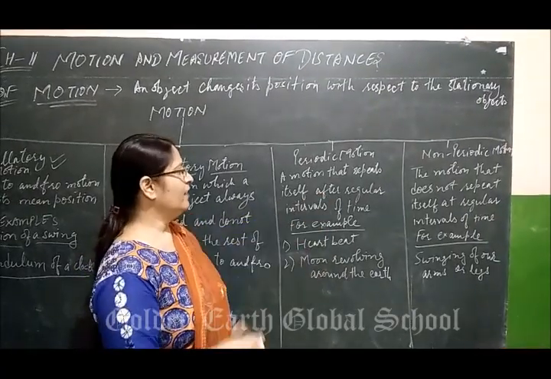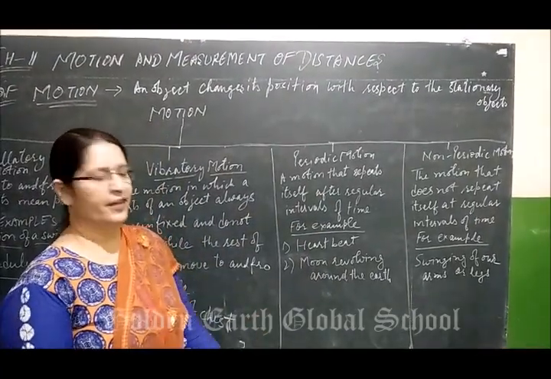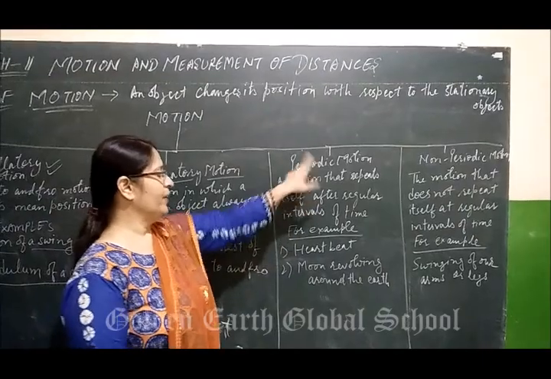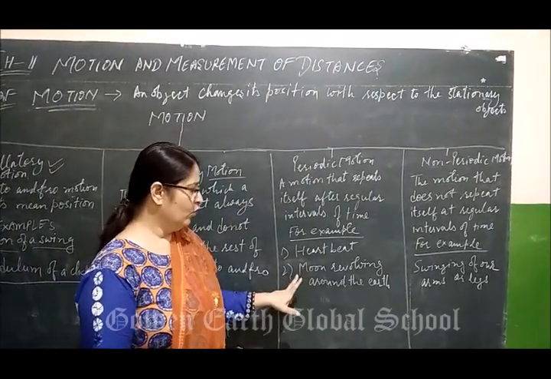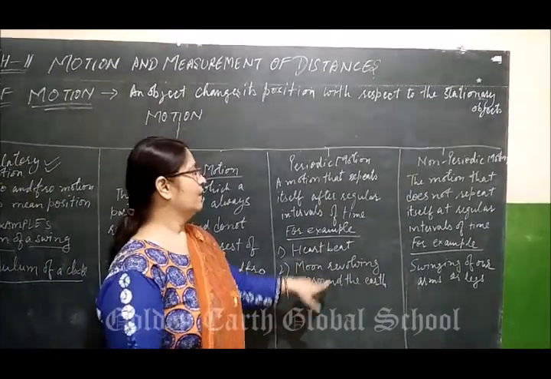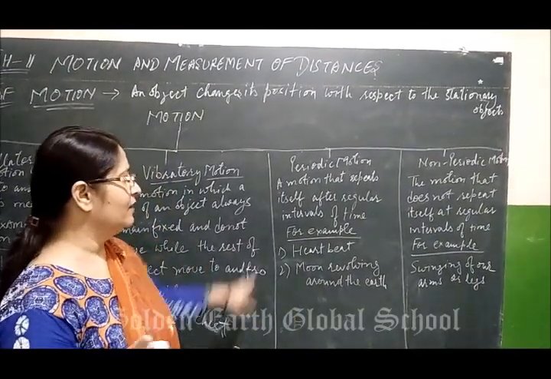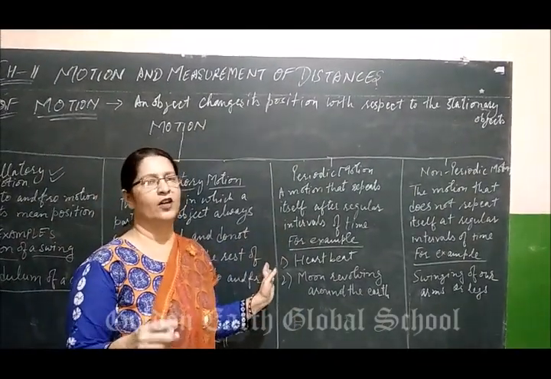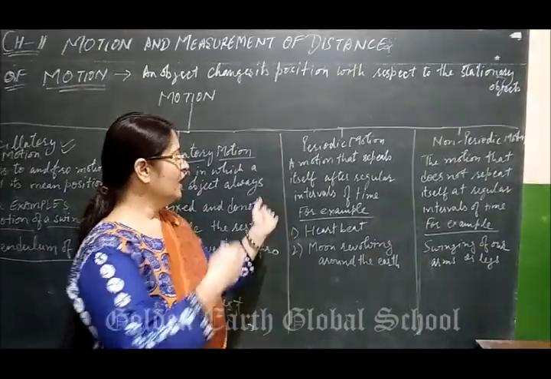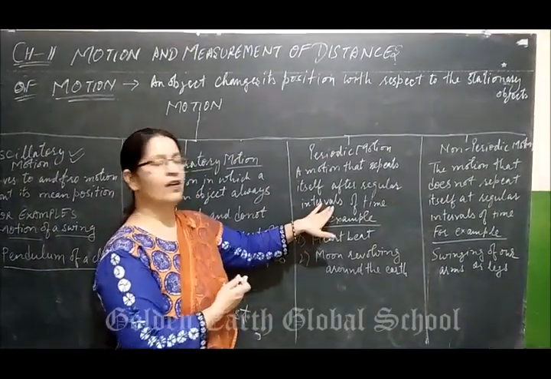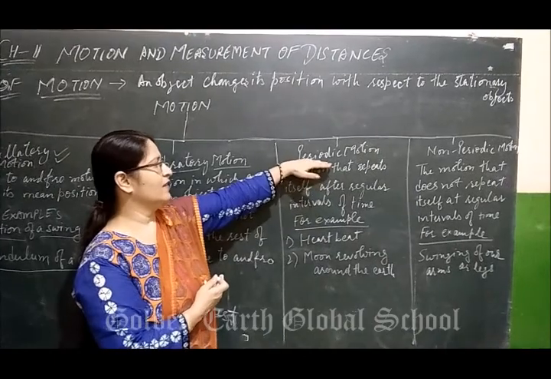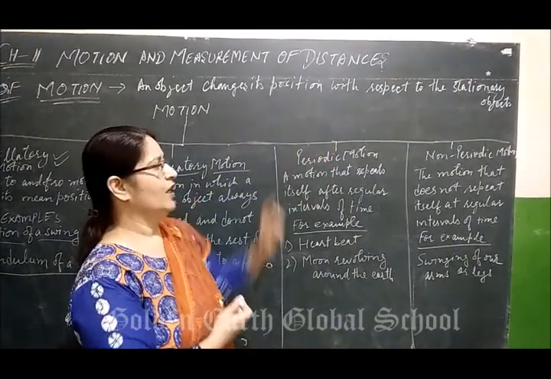It will repeat itself after a regular interval of time. Next example of periodic motion is the moon revolving around the earth. It is also periodic motion because it repeats itself after a regular interval of time. That means motion that repeats itself after a regular interval of time is called periodic motion.